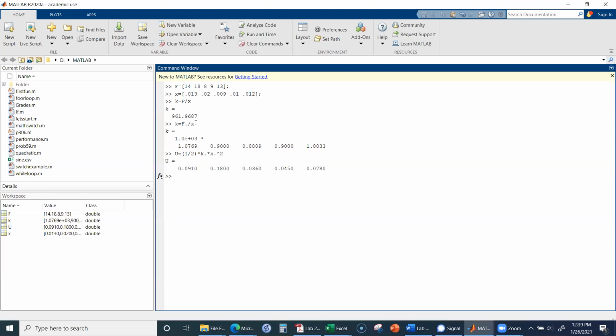Sorry, Professor, may I ask a question? There is k is equal to f divided by x. So it means like the sum of f divided just by the sum of x in the first. So you mean this line? Yes. Yeah, this line is obviously giving us an error. This is not what I actually wanted.